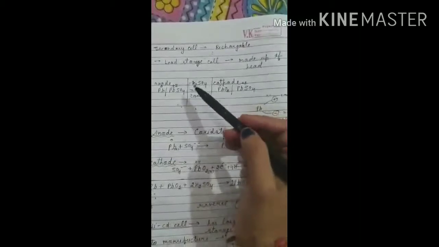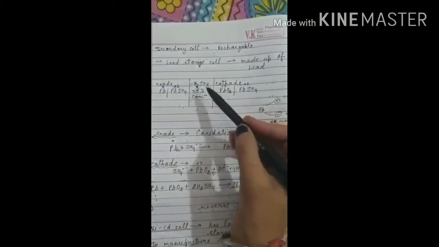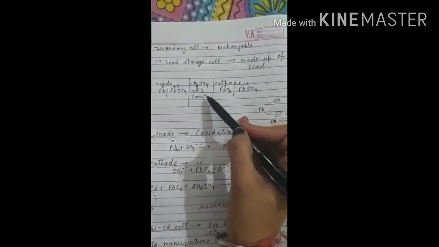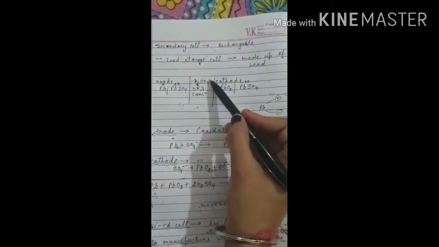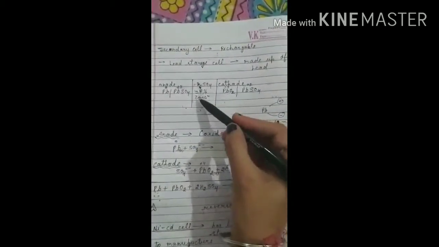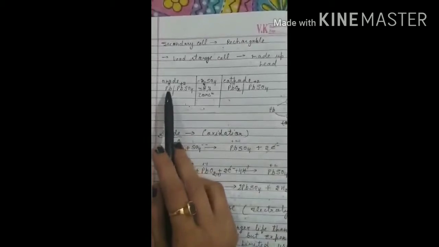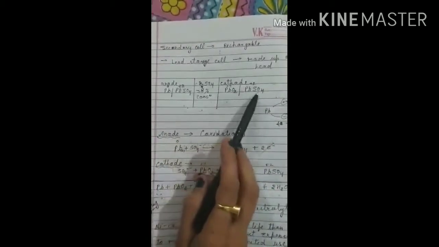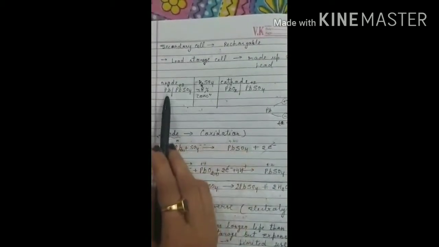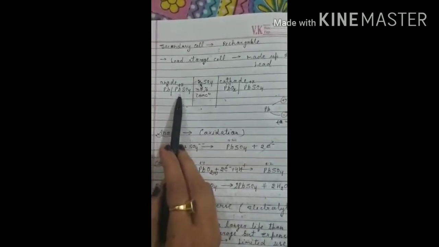Now the electrolyte used at both terminals is 38% concentrated H2SO4. This becomes a medium for transferring electrons and ions. I am reminding once again: on the cathode terminal, PbO2 converts into PbSO4, and on the anode terminal, Pb converts into PbSO4.